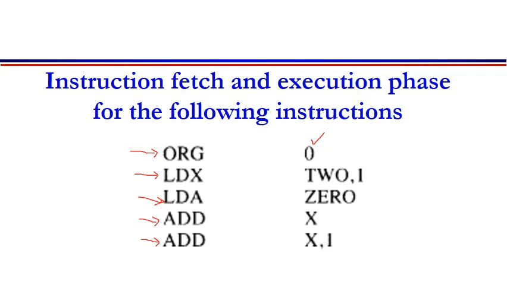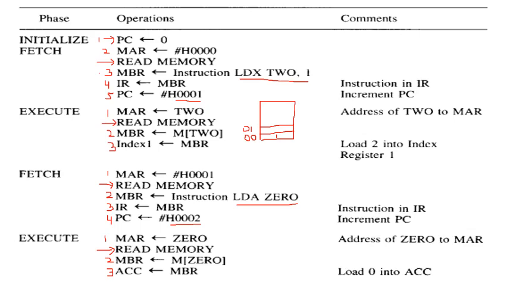So we will discuss in detail the program execution, that is the instruction fetch and the instruction execution process for all of these four instructions. Here we are going to explain the instruction fetch and execution process for these instructions.